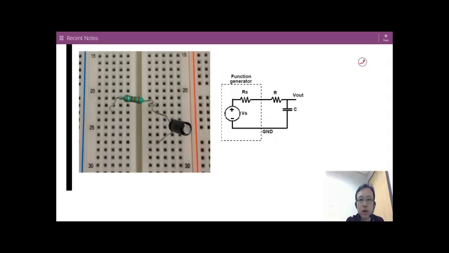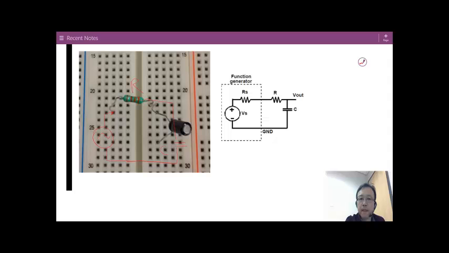In the breadboard on the left, this is component R, and this is the capacitor, C. Basically this is a resistor connected with the capacitor, and then you put an AC power supply right here. This will form the circuit. So make sure this is all connected together.